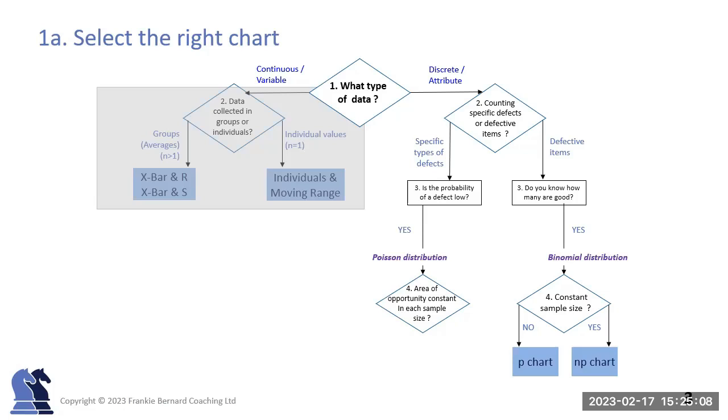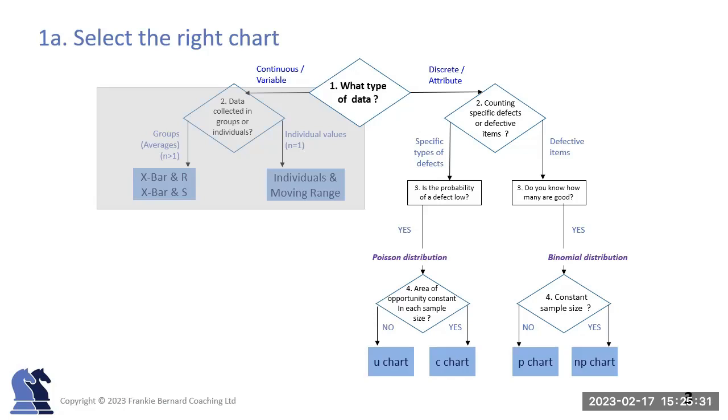If I take the example of scratches on a car, if you're counting the paint scratches coming out of the paint job on a specific car model, obviously every single car of that model has the same paint surface. So the areas of opportunity will be constant, and so you'll be able to use a C chart.